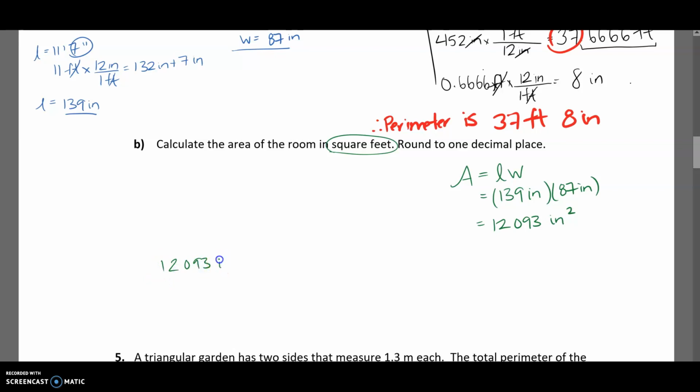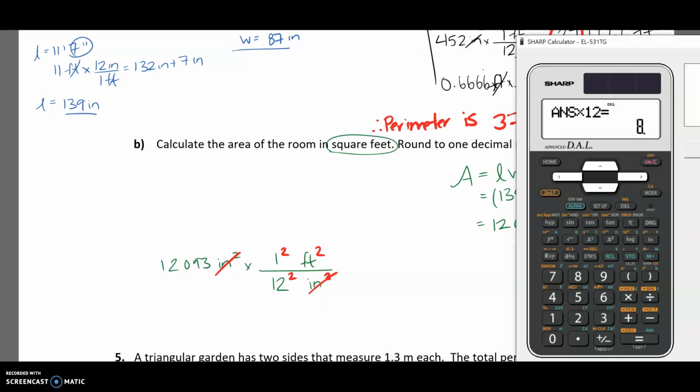I want my final answer to be in square feet, so I can do a unit conversion. 12,093 square inches. I want to cancel out inches and get to feet. I know 1 foot has 12 inches, but because these are square units that I want in my unit conversion, I need to square the numbers in the conversion factor as well. Then square inches will cancel out and I'll be left with square feet.